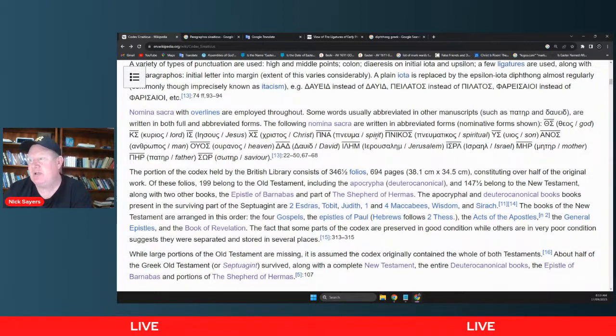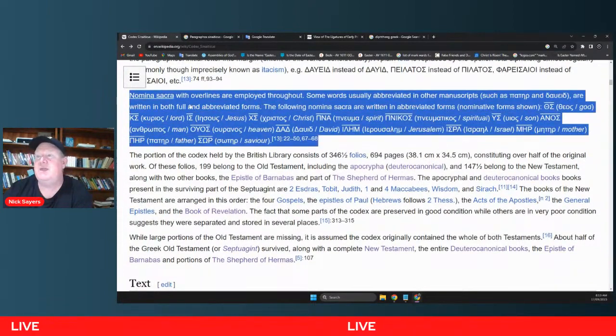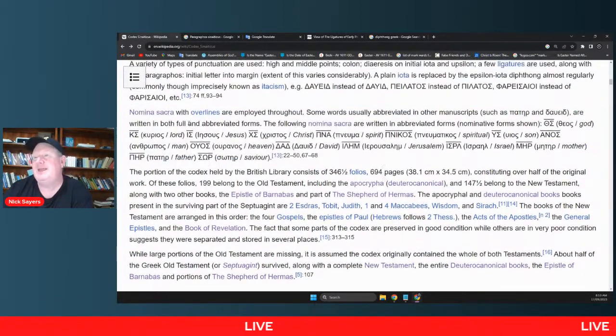Lord, Jesus, Christ, Spirit, spiritual, Son, Anthropos, man, heaven, Uranos, David, Jerusalem, Israel, Mater, mother, Pater, father, Soter, savior. So that's that. They're the type of nomina sacra that appear in that manuscript.